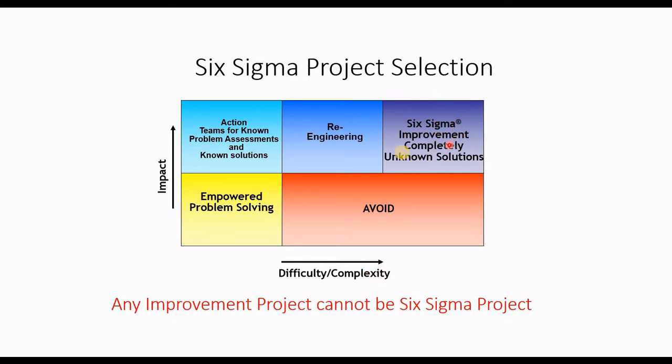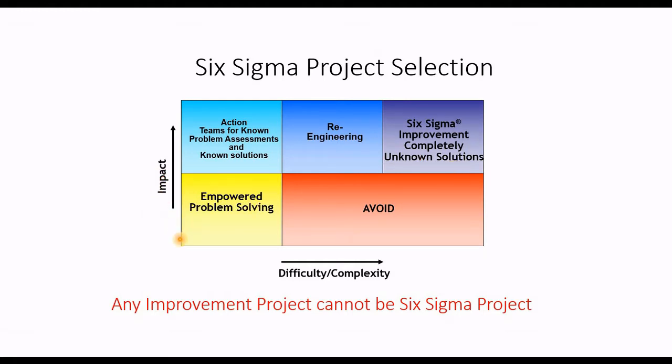Apart from this, these problems, if solved, have a very huge impact on the business of the organization. So issues which are complex, difficult to solve, with unknown solutions, and with a high impact on the organization are the right issues to be selected for the Six Sigma project.